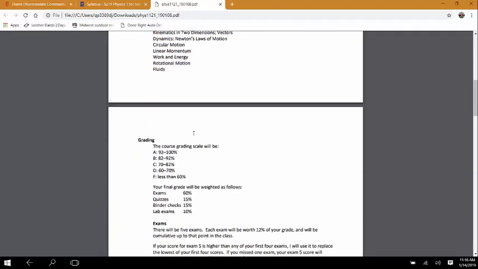Okay, the grading. So this is the highest the grading scale will be. If the distribution of grades is lower than I expect, then I'll relax these. But usually the grading scale ends up being 92 and above is an A, 82 to 92 is a B, and then 70 to 60. That sounds like a high grading scale, I know, but that usually ends up giving a pretty good distribution of grades.